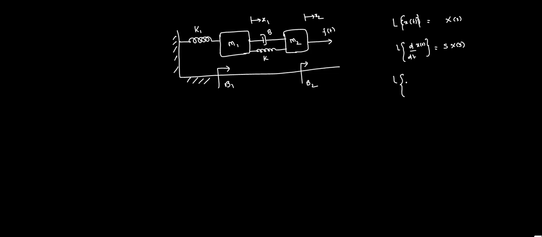Laplace of d square by dt square of x of t can be written as s square x of s. Here I am considering that the initial conditions are 0, otherwise the minus terms will be added and the initial terms will come into the picture.